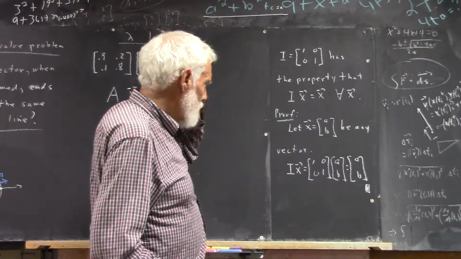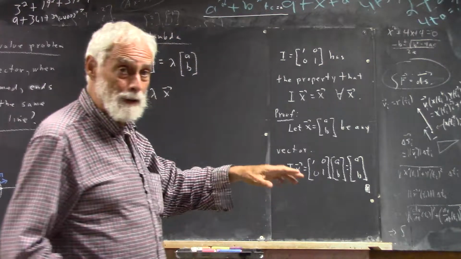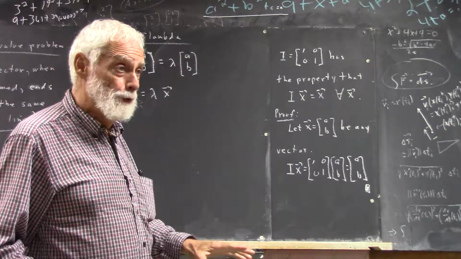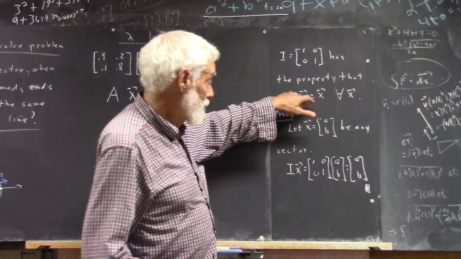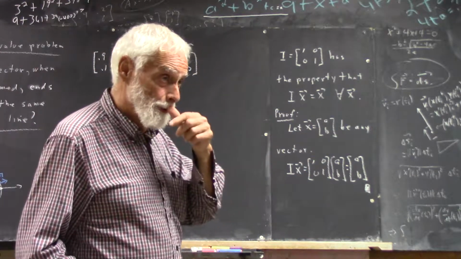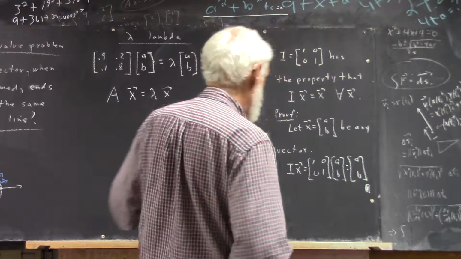So that's kind of the idea of proof. You got to write down a series of statements that can't be refuted, that cover all bases, and establish what it is you want to establish. Well, that's the identity matrix.